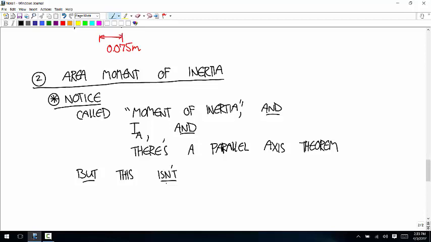Oh, somewhere else. Okay, so this is different than the moment of inertia that you used in dynamics, even though it looks almost identical in the way it's used. That's right. This isn't the mass moment of inertia.